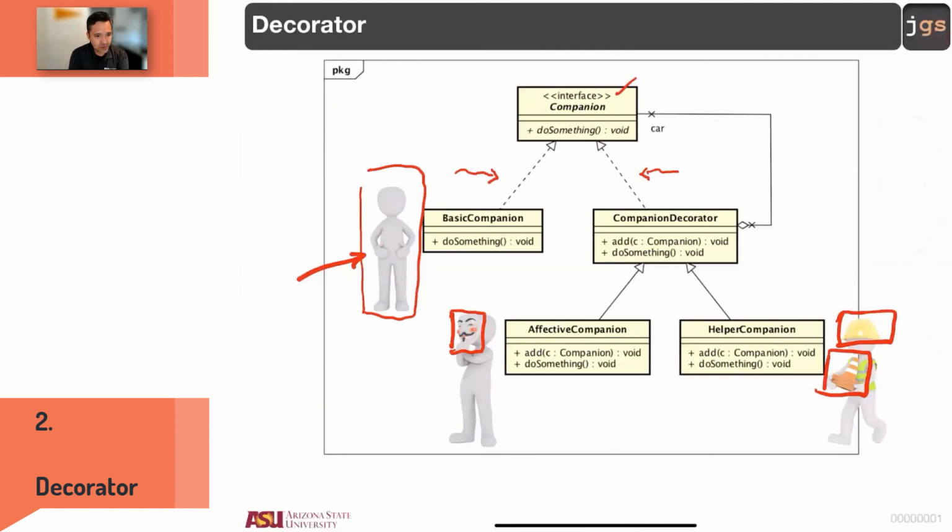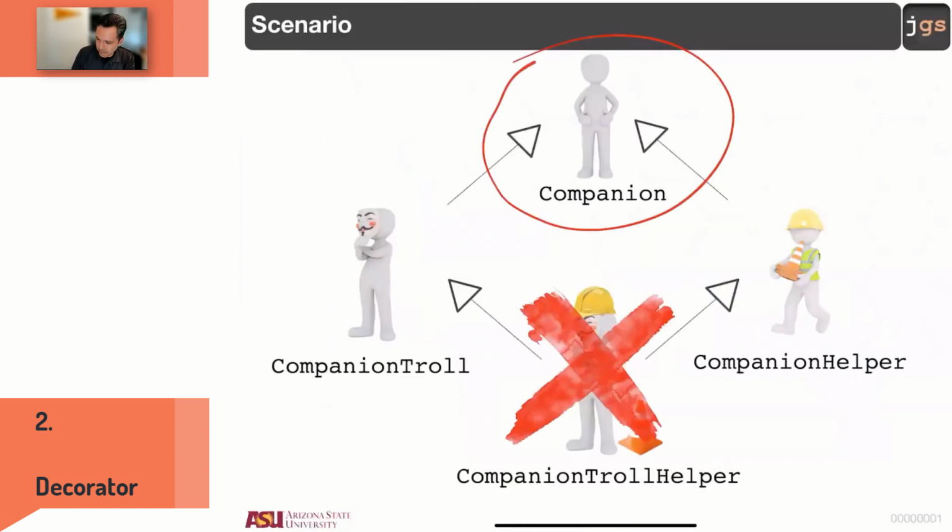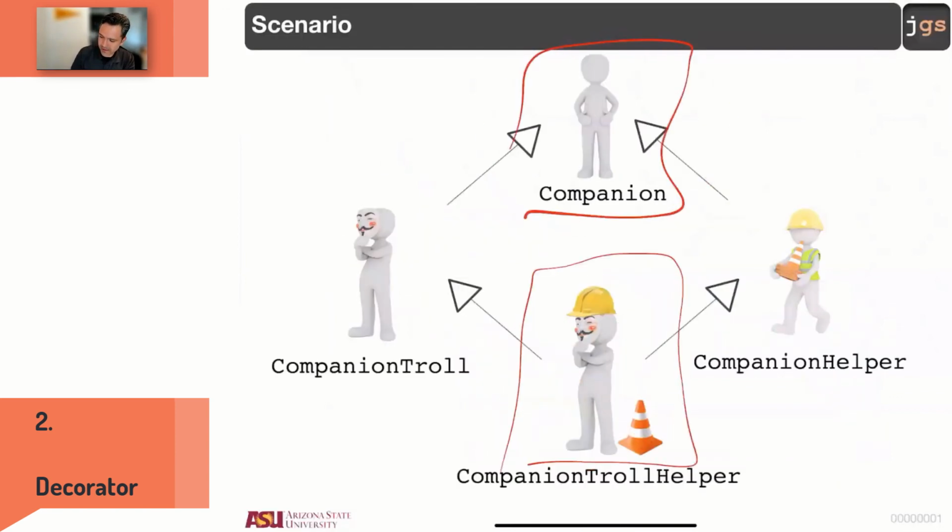The class that represents the decoration, in this case, could be a class that just represents the mask, whatever that is. Or in this case, the class that represents the helmet and whatever extra thing this guy has. I am going to add the mask to this guy, or I am going to add the helmet to this guy, or I am going to add both, like this.